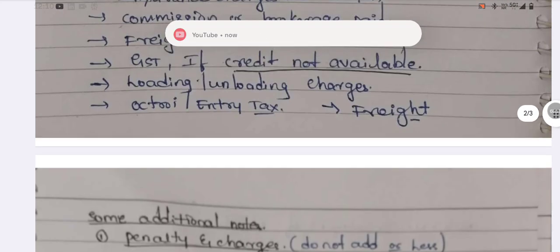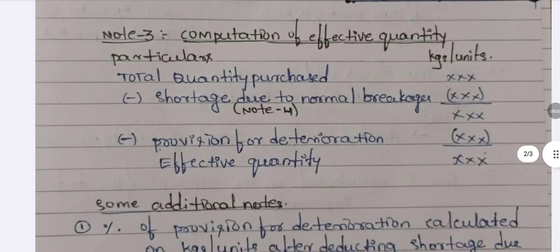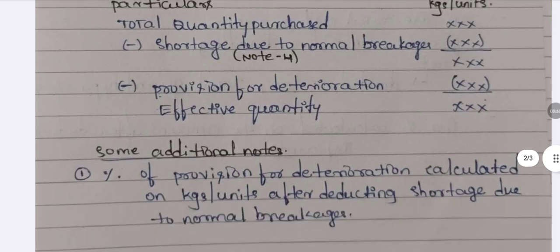For the computation of the effective quantity, in kg, you should take first the total quantity purchased, then deduct the shortage due to normal breakages, and I will refer to note 4, don't worry, later. Then after deducting the shortage due to normal reasons, we further deduct the units to create the provision for deterioration, then we get the effective quantity.